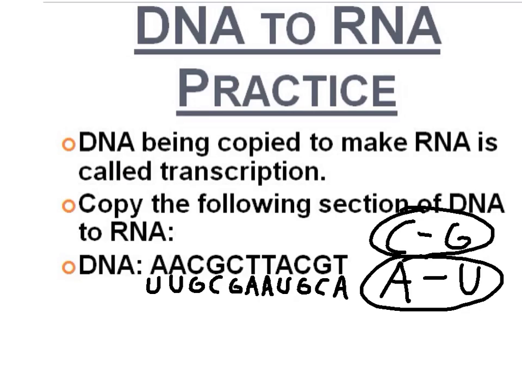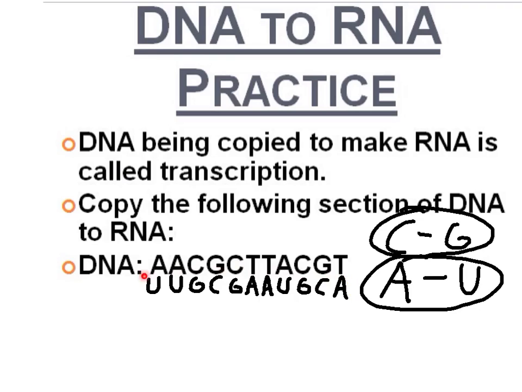So just like replication, once you get this down for just a couple of base pair long sections, whatever this one is, it's like about 12 or 13 base pairs long, you could do this for any length of DNA. The main thing to remember is just what pairs together. So you associate C with G because of their shape, A with U because they're both vowels. You could now copy basically an infinitely long section of DNA into a section of RNA.